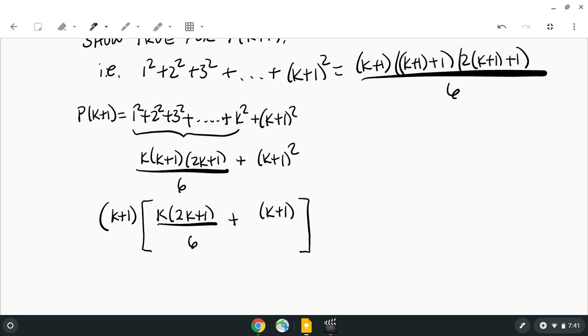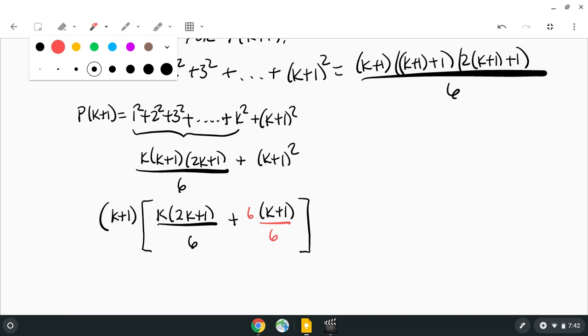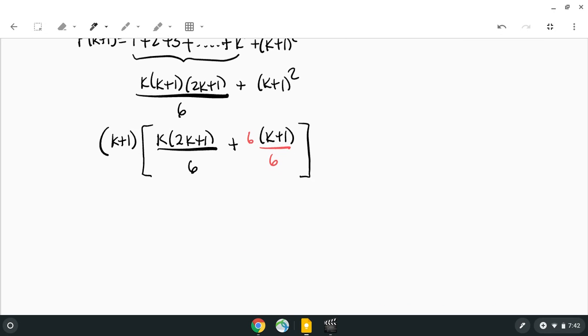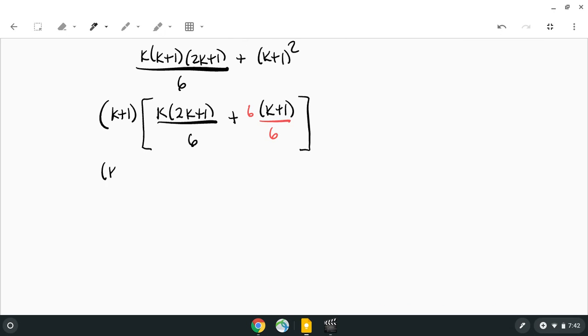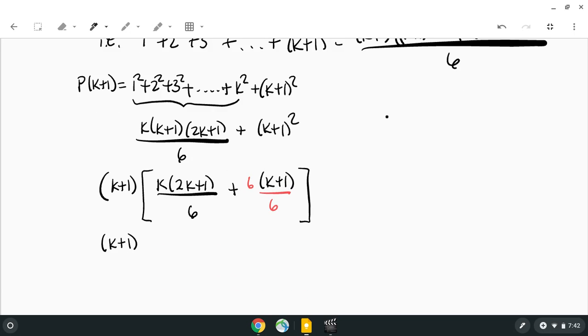Now I'm going to go ahead and get my common denominators so I can work with the inside of those brackets. So I'm going to multiply this by 6 over 6. Okay, so let's go ahead and multiply that all out. I'm going to leave this k plus 1 here, which is nice because if we look back up to see what we're trying to get, we do have a k plus 1 out there, so that's good.